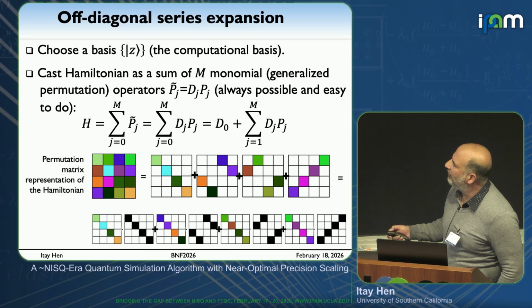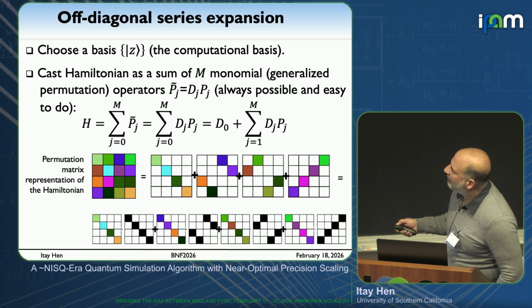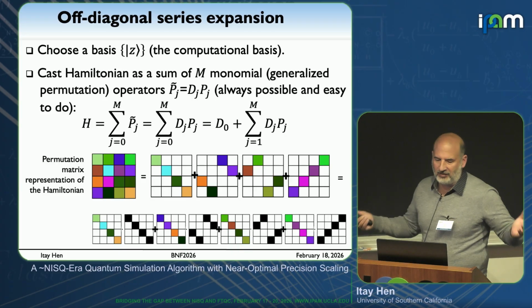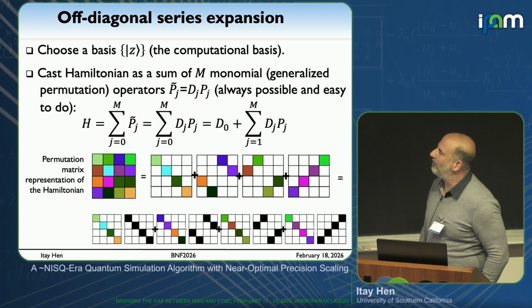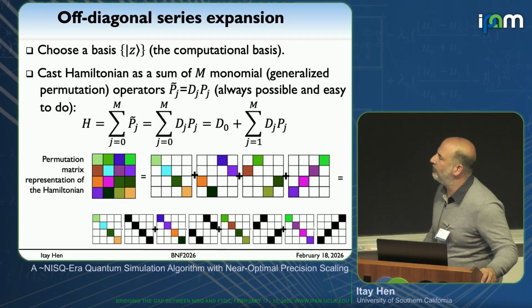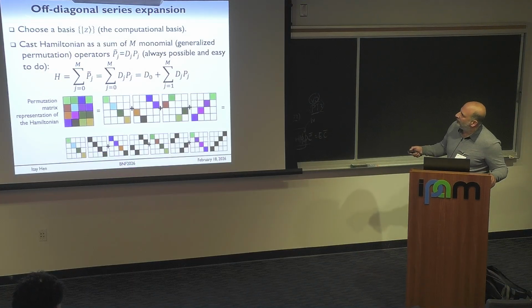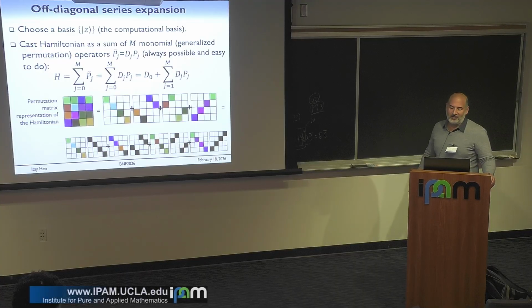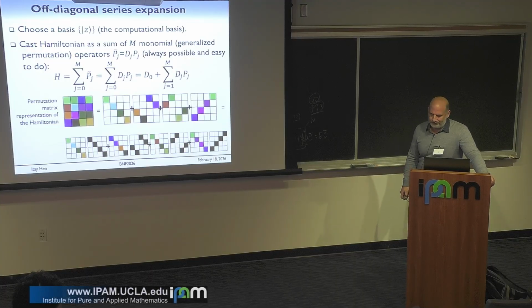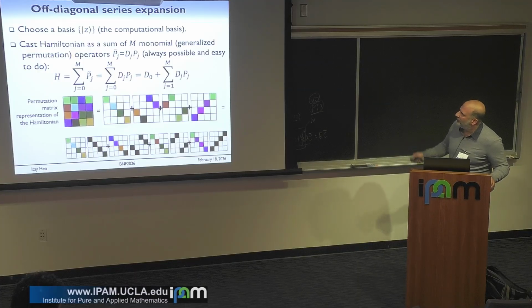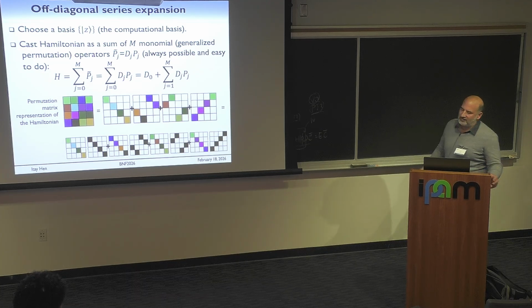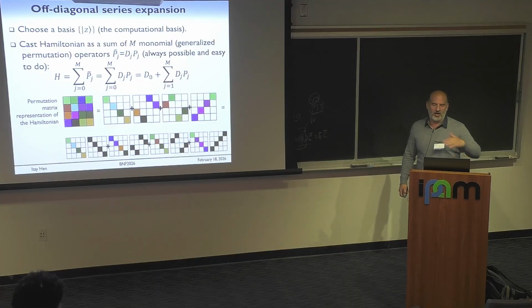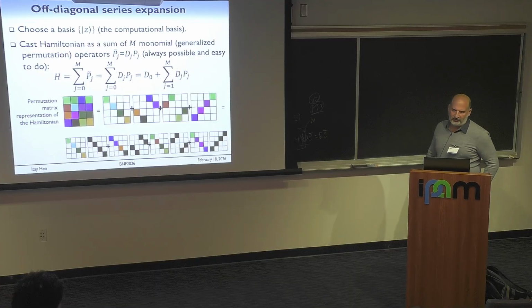And that something else is, once you pick a basis for your Hamiltonian, you want to present it in one way. Maybe the Pauli Z's are your computational basis states. We'll call it the computational basis. We just choose a basis. And then after we choose a basis, we write the Hamiltonian as a sum of what are called monomial operators.